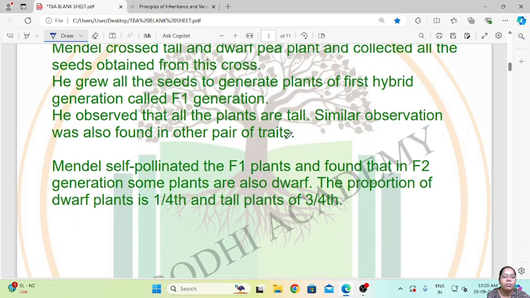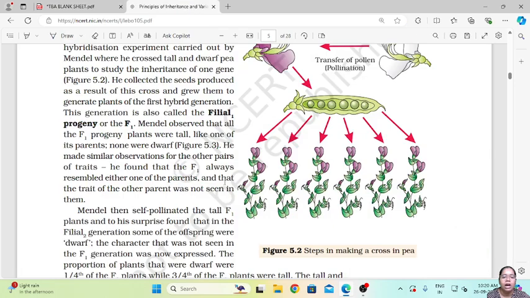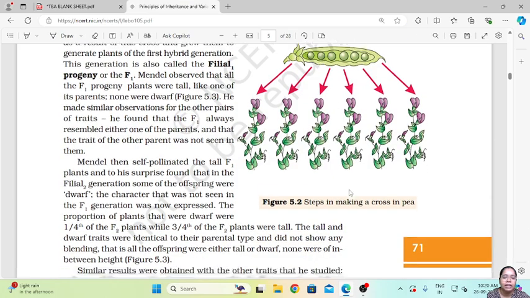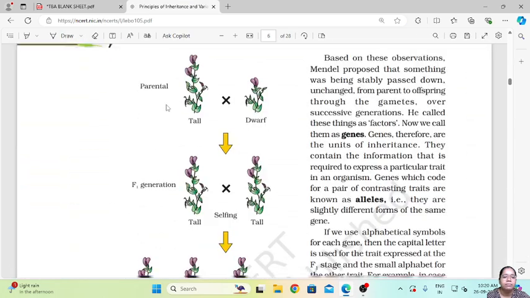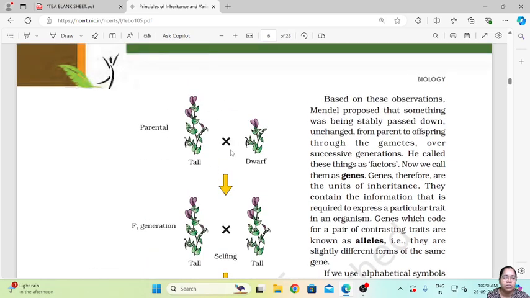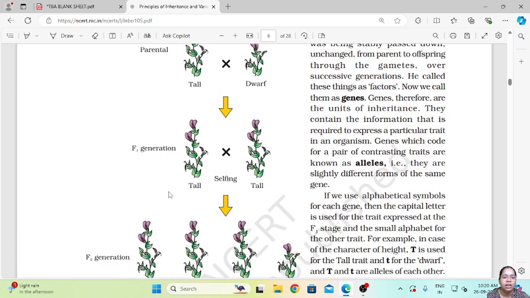Mendel self-pollinated the F1 plants and found that in the F2 generation some plants were dwarf. The proportion of dwarf plants was 1/4 and tall plants was 3 out of 4. So he took the first parent and the second parent plant, from where he got the F1 generation, where all plants were tall.